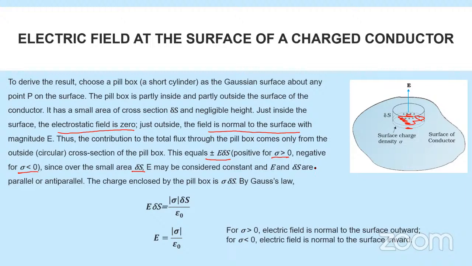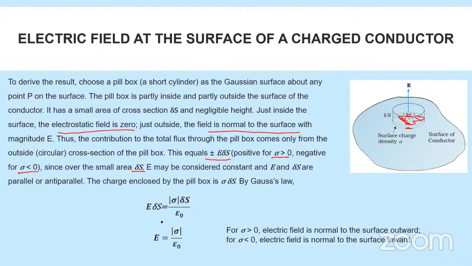Okay, and E and del S can be parallel or anti-parallel with respect to the direction of the electric field. So to just get the magnitude of the field on the surface of the charged conductor, we are going to take the mod of the surface charge density sigma.